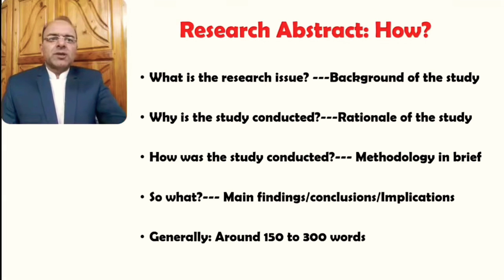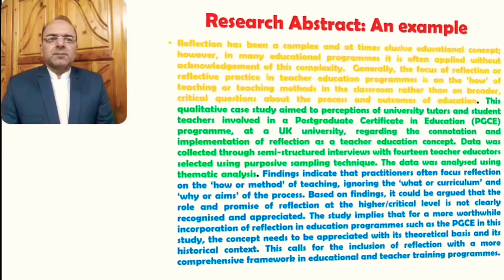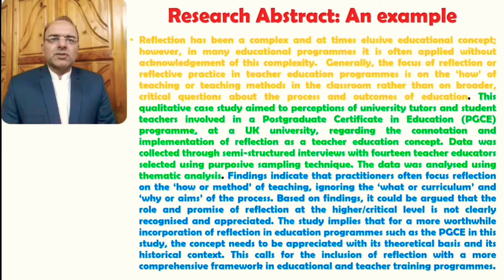Now, I would like to give an example based on the structure that I just presented. Here is an example of a research abstract from one of my research papers, and I have made some changes in order to make this clearer.